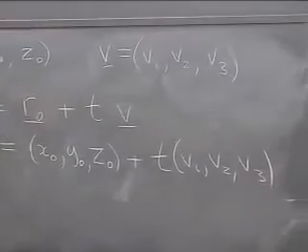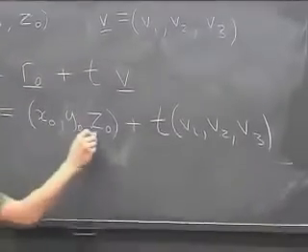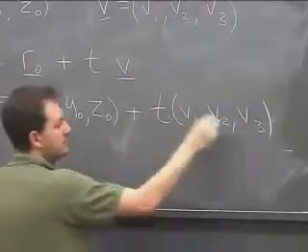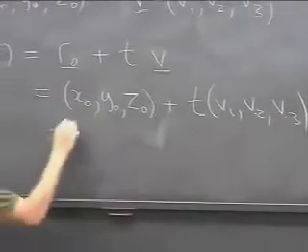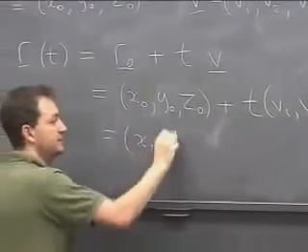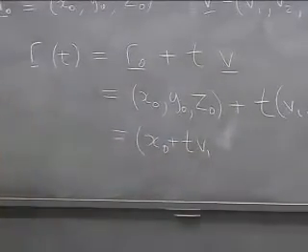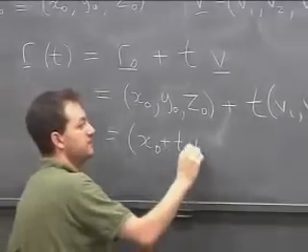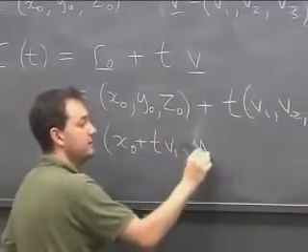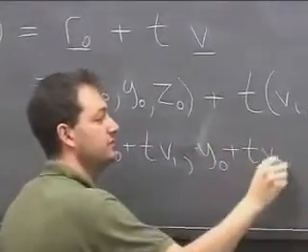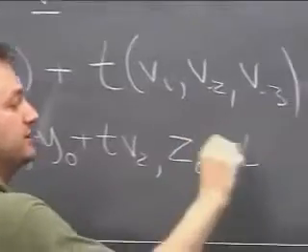Don't ask me why the textbook decided to use x, y, z and then v1, v2, v3. I'm sure it made some sense to them. The first coordinate is x0 plus t v1, then y0 plus t v2, and z0 plus t v3.